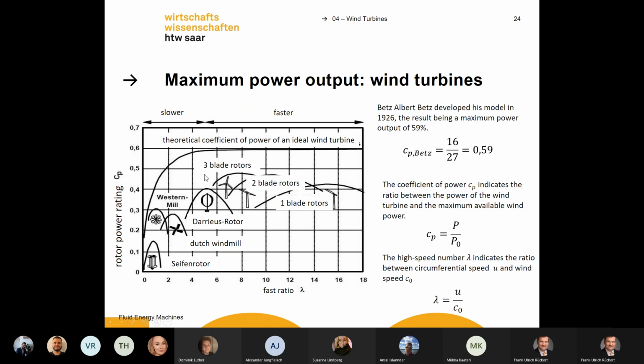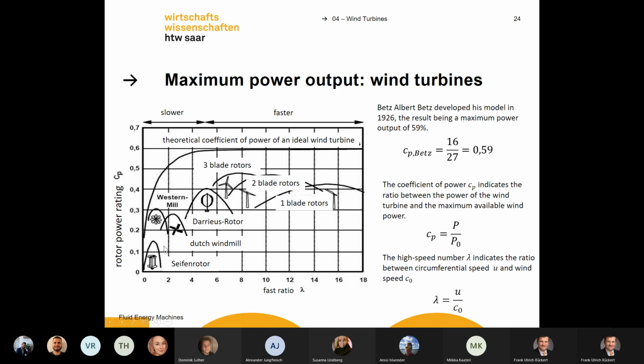And even if you use 4 blades, blades are really expensive, they're really big. It doesn't help you a lot in efficiency. Here you see the maximum efficiency curve. It goes to this maximum value of 5.9.